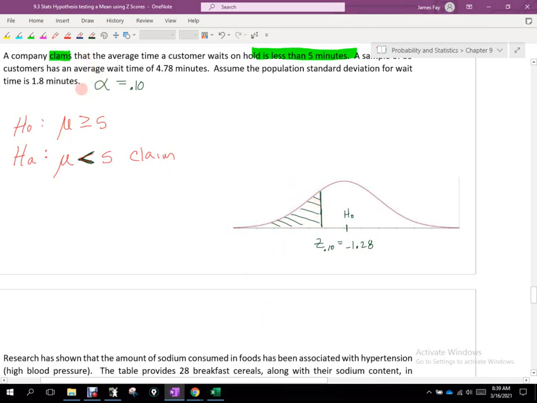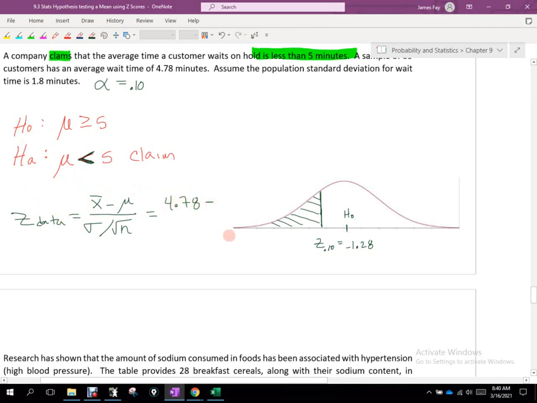So let's go ahead and run through our z-score for our data. If you remember, that's x bar minus mu divided by sigma divided by root n. X bar is the sample mean. So what's our sample mean here? 4.78.